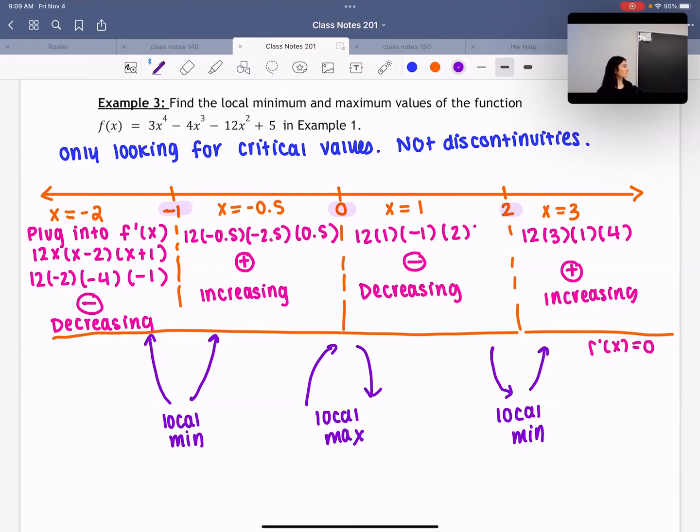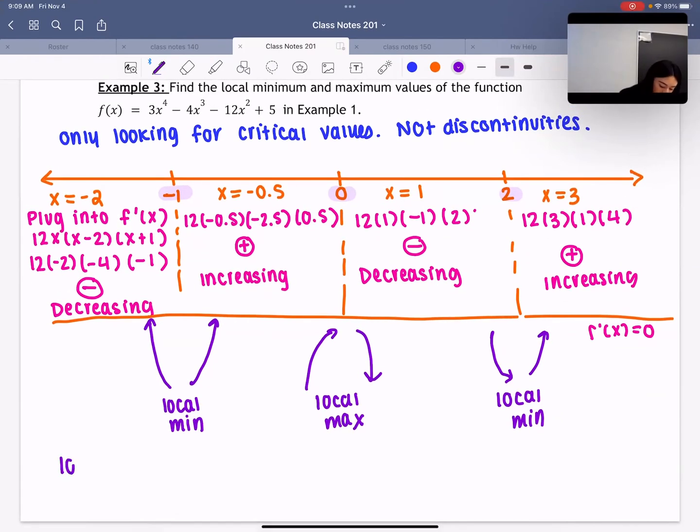Oh, no, -1 doesn't exist. -1 is a critical value, so the function exists at -1. Is a local min an x value or a y value? So y value, right? So you were right when you said, okay, it is a local min, but saying that -1 is a local min is not correct, okay?